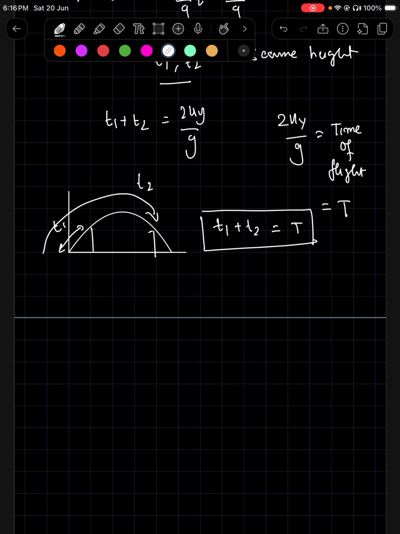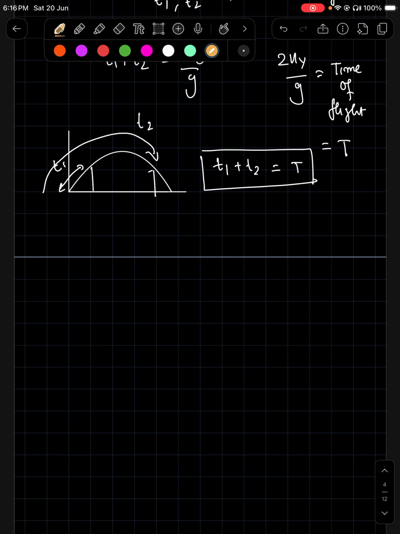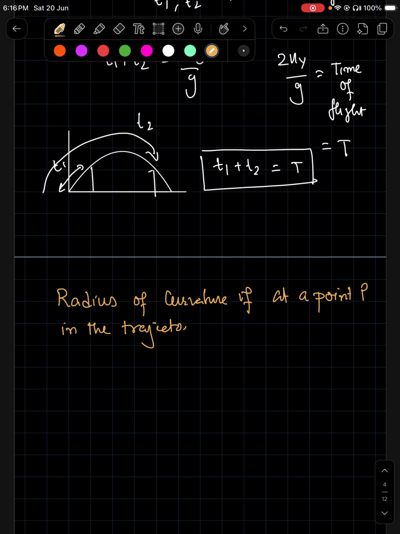Next characteristic, again a very important thing, is the radius of curvature at any point P in the trajectory of the projectile.